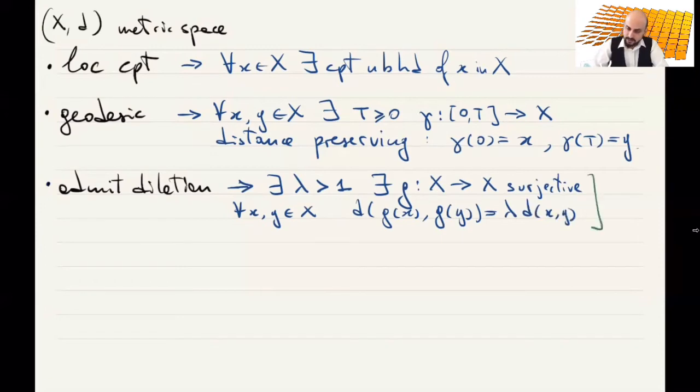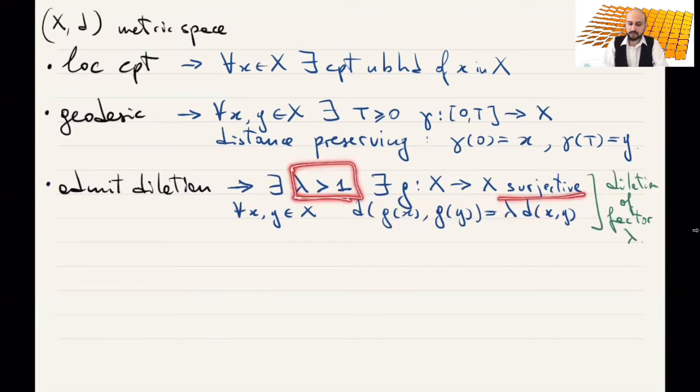So we will say that g is a dilation of factor lambda. For example, the identity map is a dilation of factor lambda equal to 1, but that's why we don't want lambda equal to 1, at least. And being surjective, of course, the inverse is going to be a dilation of factor 1 over lambda. So you can dilate the space, so you can find a map that stretches the distance exactly by lambda. This is what a dilation is.